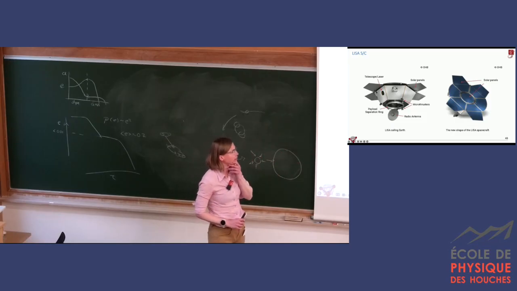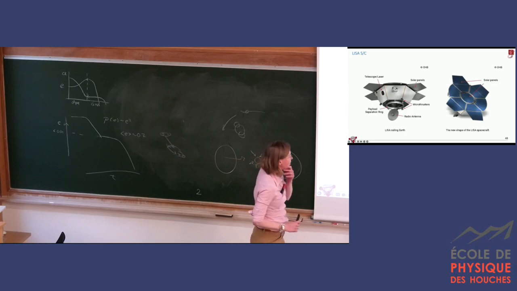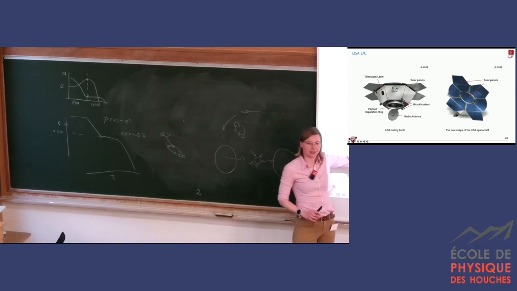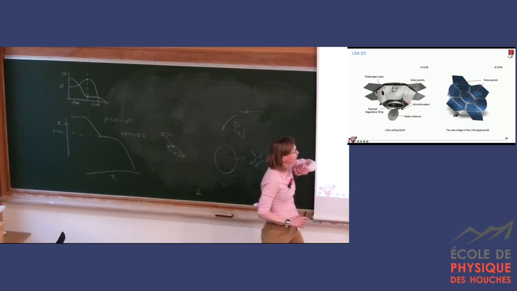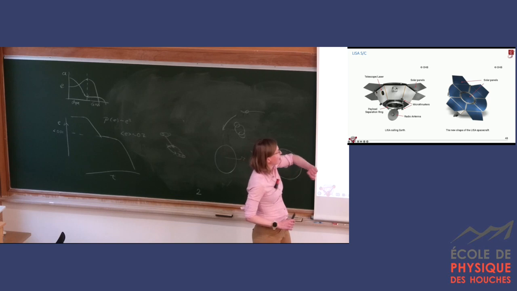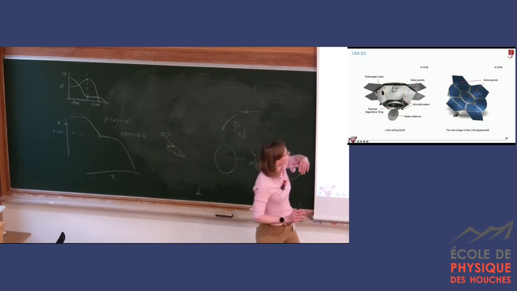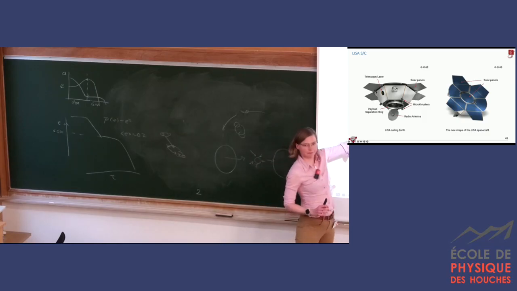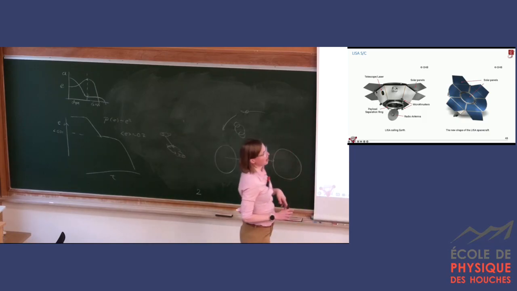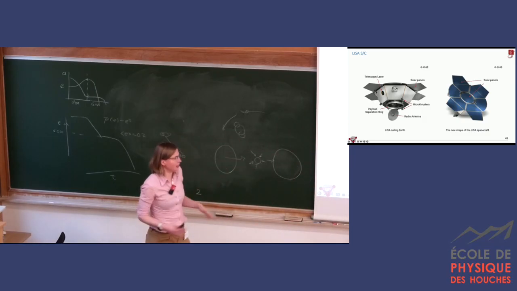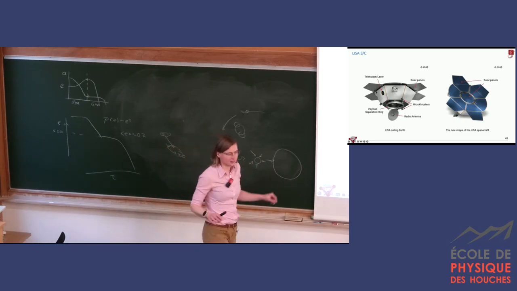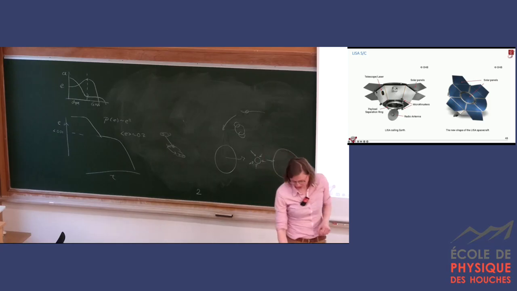This is the rendering from OHB, our prime contractor. This is the radio antenna. There was a question about how we talk to LISA. That's this high gain antenna. You're going to see in a second, the telescope is hidden here. And this is how all the solar panels are unfolded and gather energy from the light.